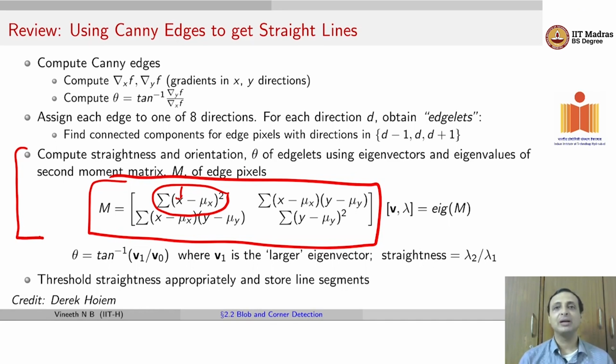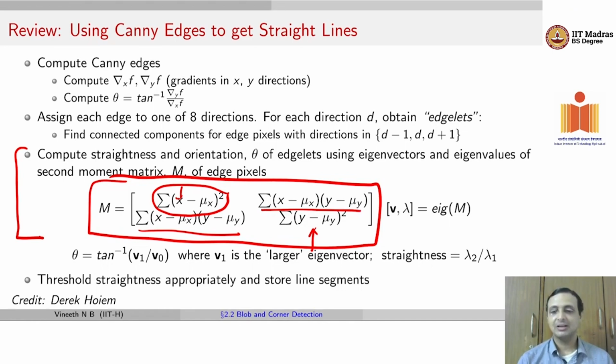So you're simply computing, in some sense, a variance with respect to the mean edge pixel along the x direction. Similarly, you have a variance along the y direction of those edge pixels with respect to their means, and you also find the covariance with respect to the x and y directions.